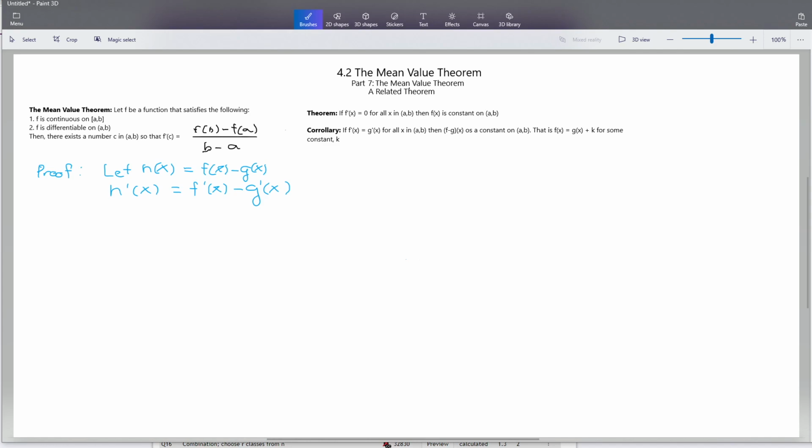But we know, right here, that f prime of x and g prime of x are equal. So h prime of x, if these two things are equal, when we subtract them, we get 0.